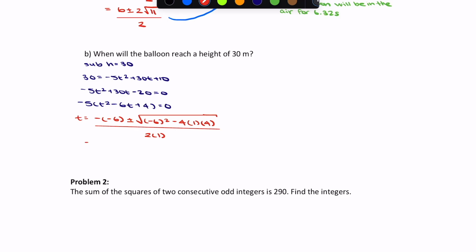So here, when we simplify, we'll get 6 plus or minus square root 20 over 2, which we can rewrite as 6 plus or minus 2 square root 5 over 2.